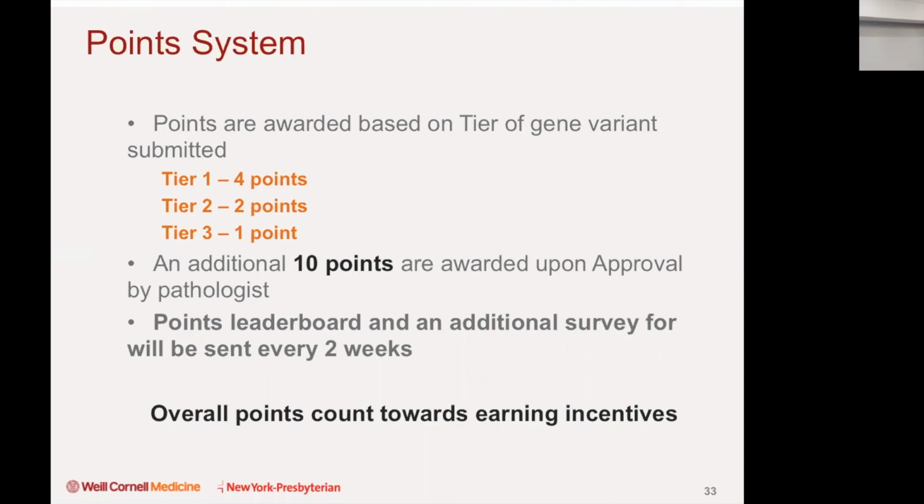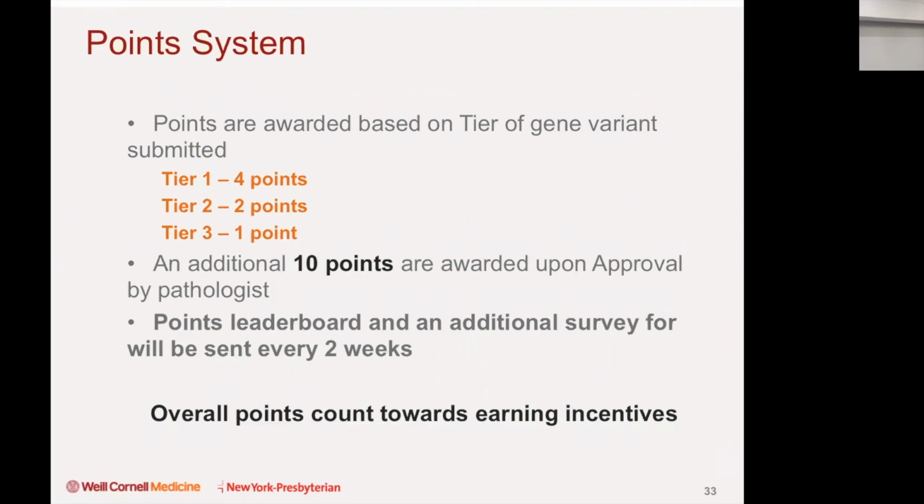Tier 1 is basically the most actionable gene variants that we have hosted. If a targeted therapy exists for that gene variant, it's tier 1, and so on and so forth. You can see the nitty-gritty details on the PMKB website of what qualifies as tier 1 or tier 2, but all the variants that are hosted are already assigned to a tier.